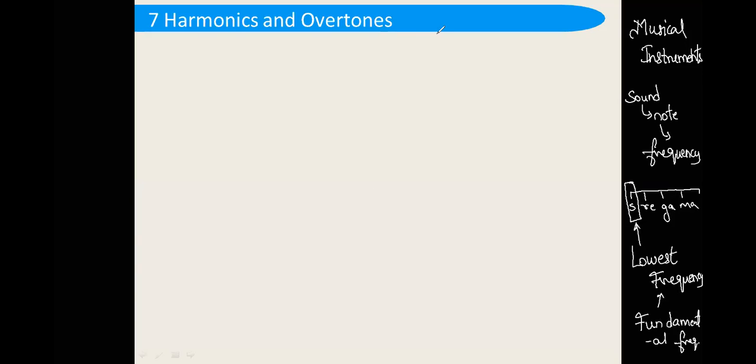Okay. So the first term to be learned in this concept is fundamental frequency. So what is fundamental frequency?